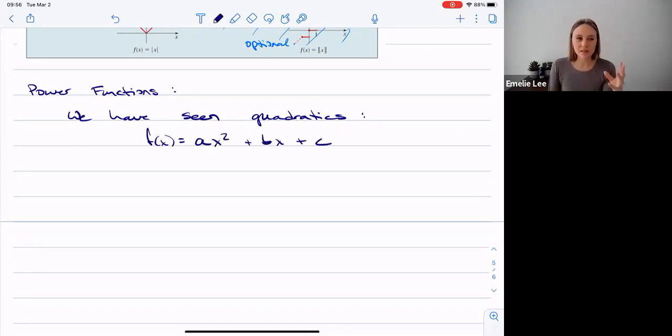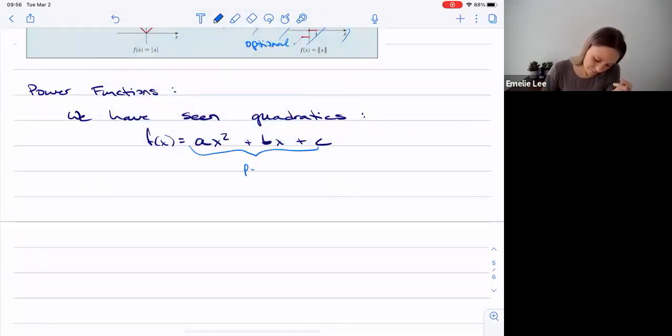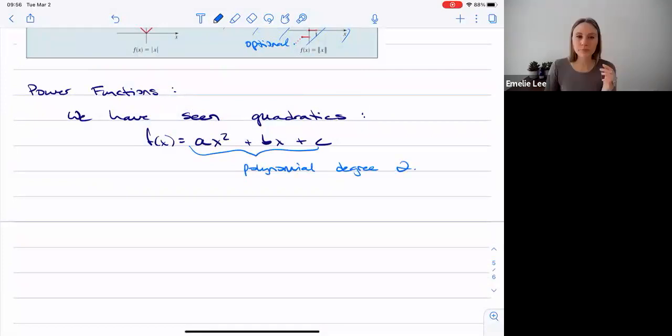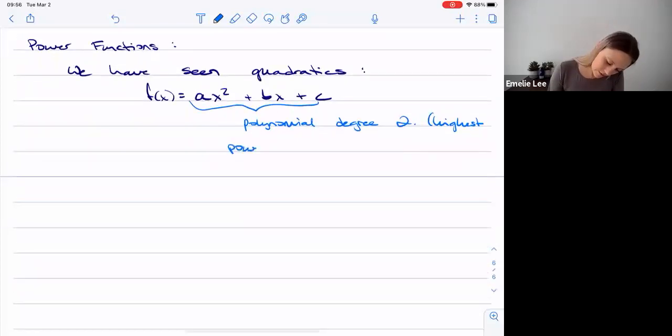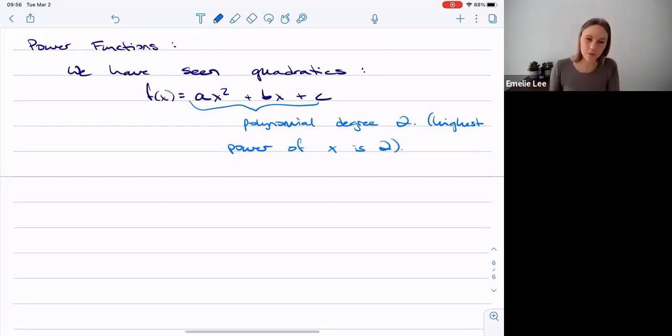Notice that this is a polynomial. Polynomial of degree 2, because the highest power of x is 2. So that's why we say it's a degree 2.